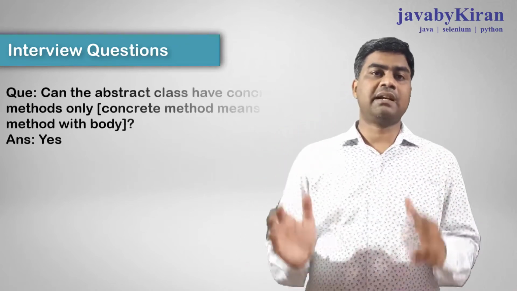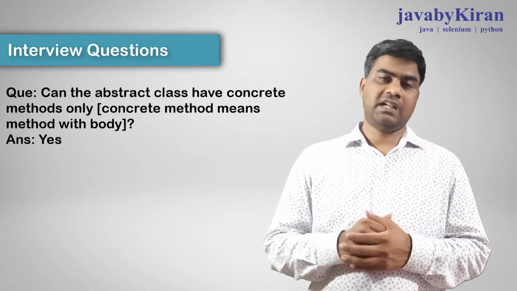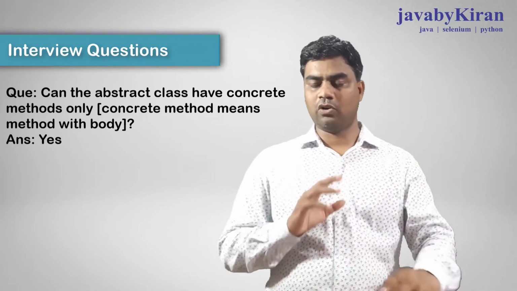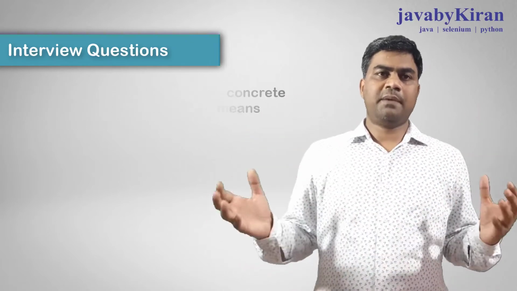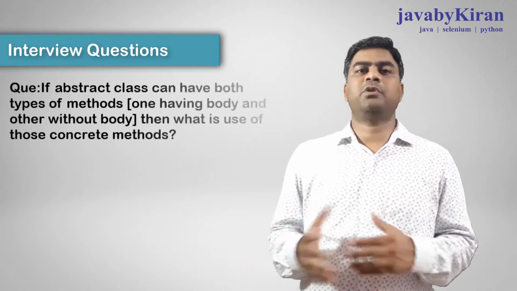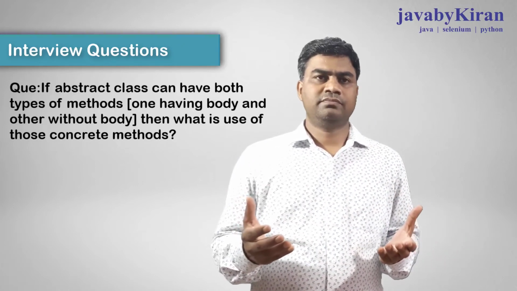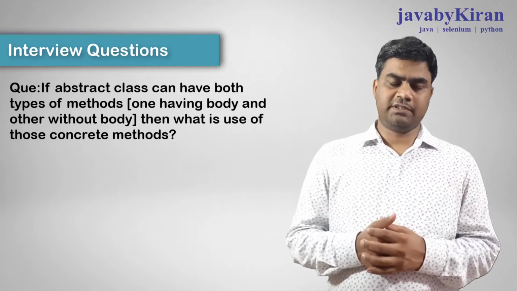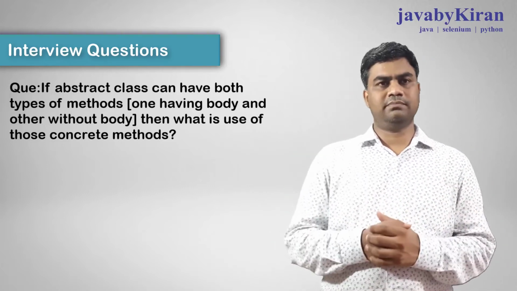Next question that may come: can the abstract class have concrete methods only? The answer is yes. I already told you the combinations. You can have all concrete methods, all abstract methods, or a mix of both. If an abstract class can have both types of methods, then what's the use of those concrete methods? How can you call them?